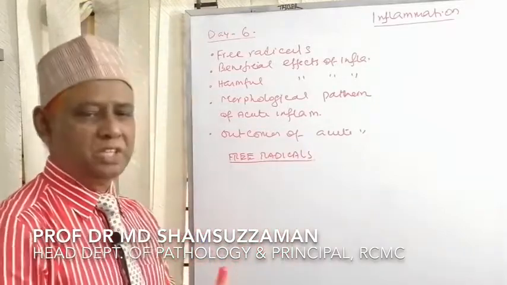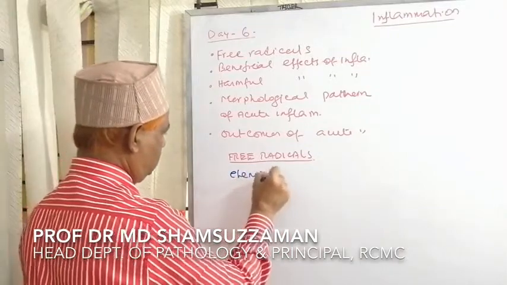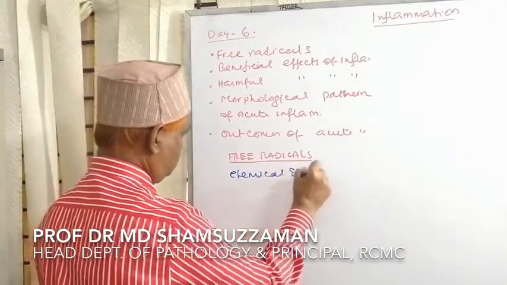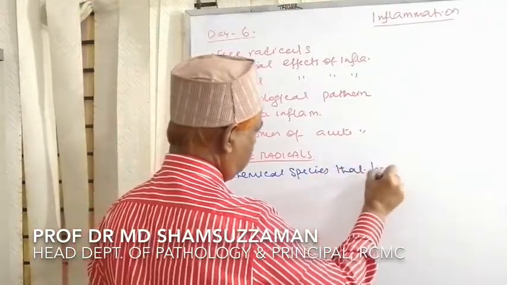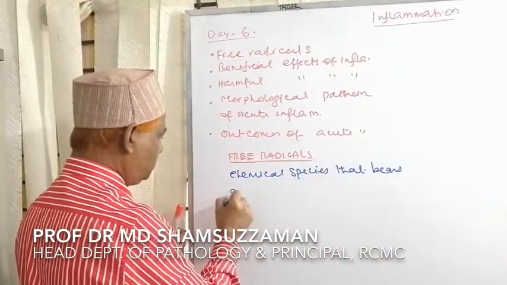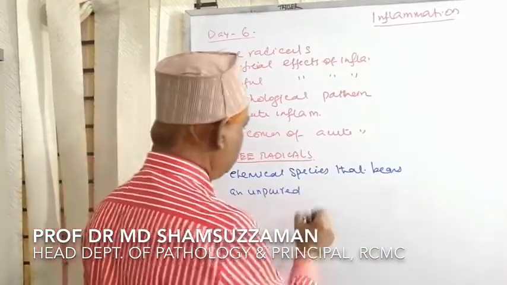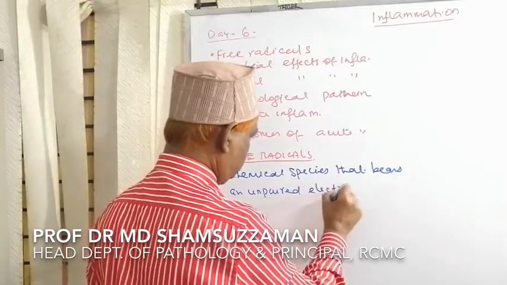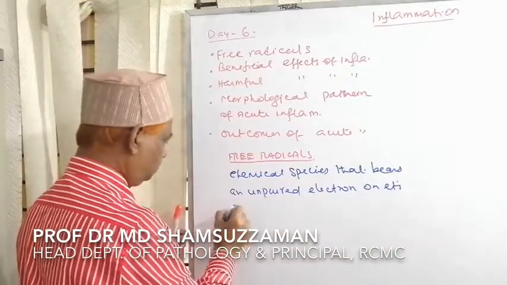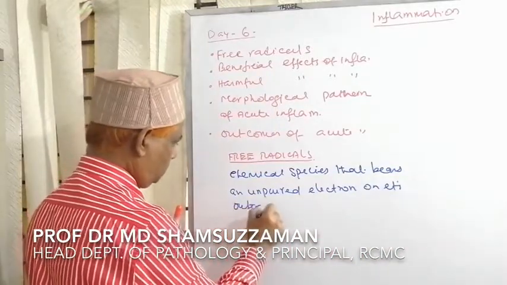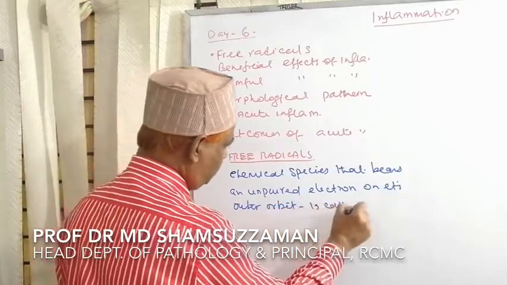These are the chemical species that bear an unpaired electron on its outer orbit, and this is called a free radical.